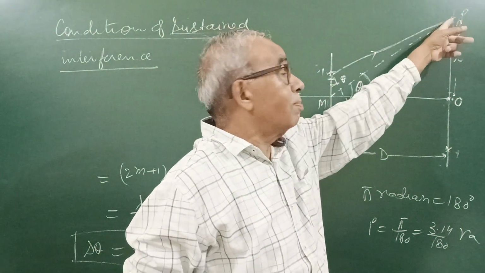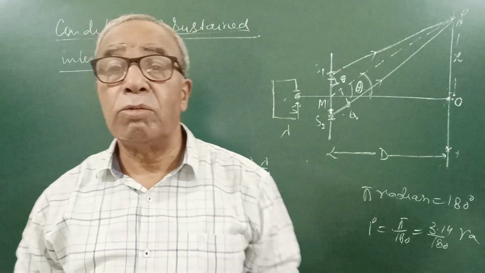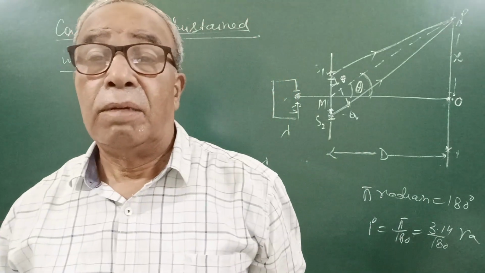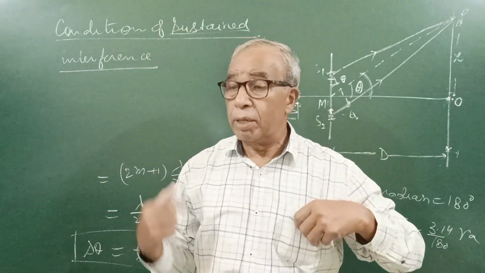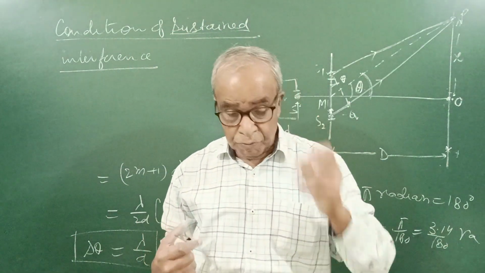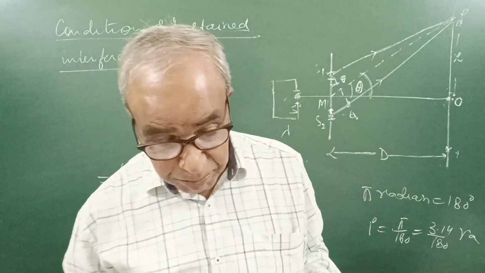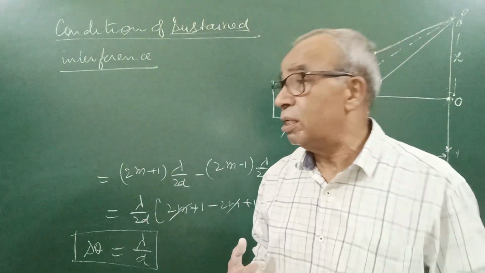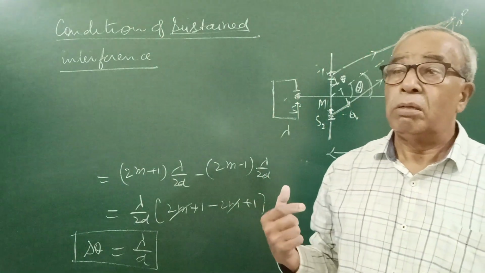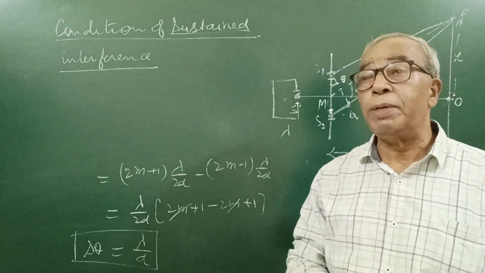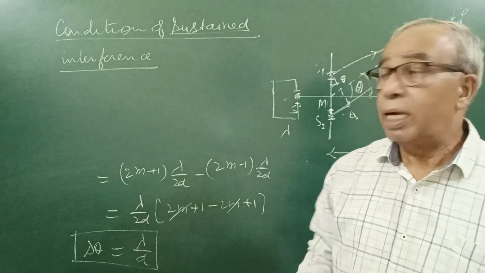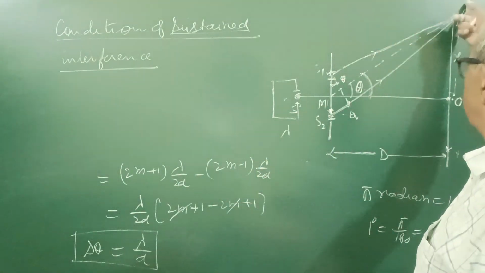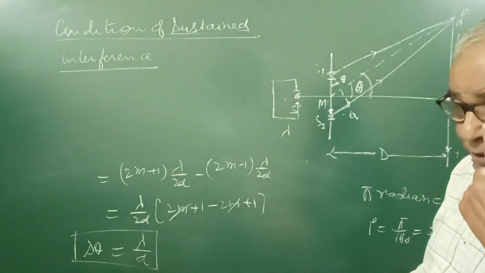If point P is dark, it should remain dark. Means the nature of the fringe at any point should not change. Wherever there is a bright fringe, it should remain bright. Wherever there is a dark fringe, it should remain dark as long as it is illuminated by the source S.